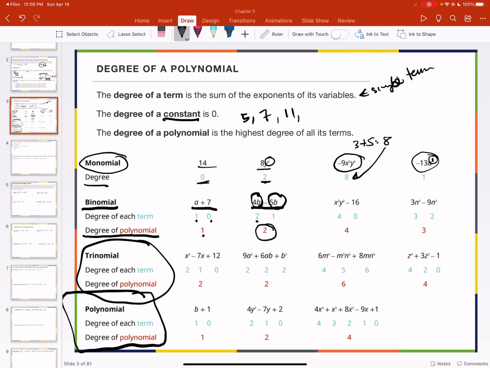You can tell the degrees of each term, and then the degree of the polynomial is the highest one. So here, b plus 1, this is the highest, so it's degree 1. This one right here has the highest exponent, so that's degree 2. And then here, 4x to the 4th is the highest, so the degree of this polynomial is 4.